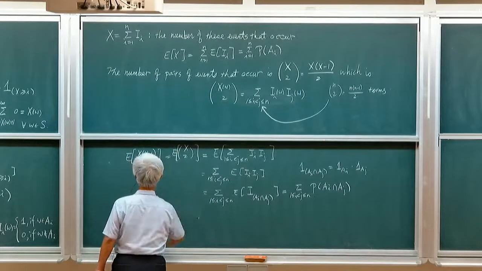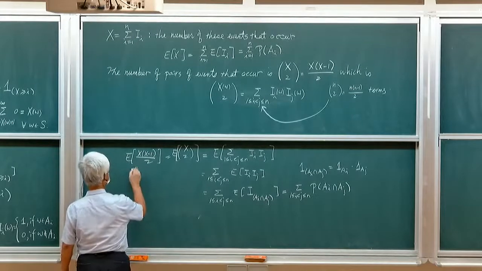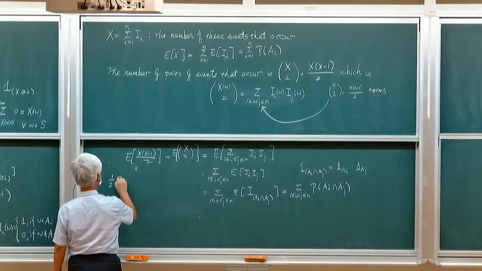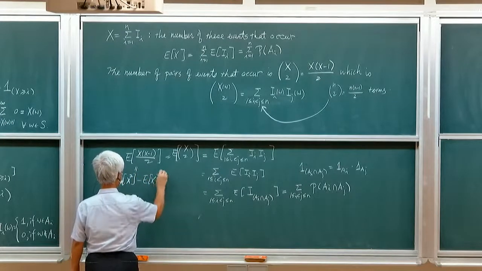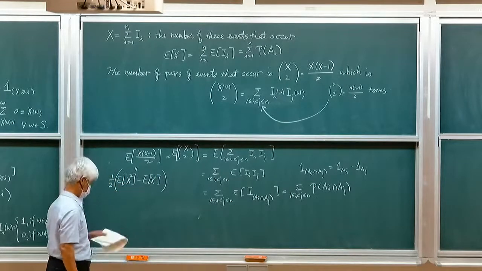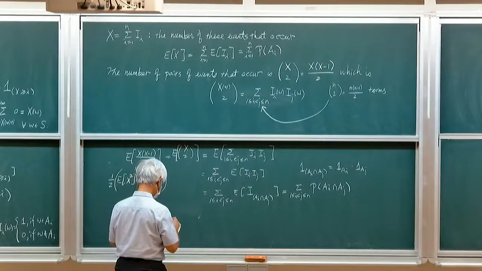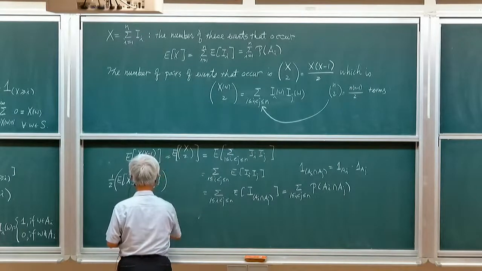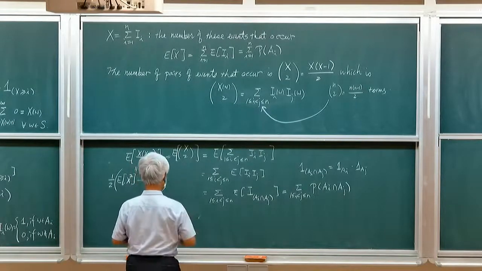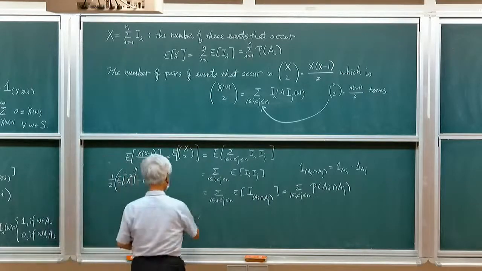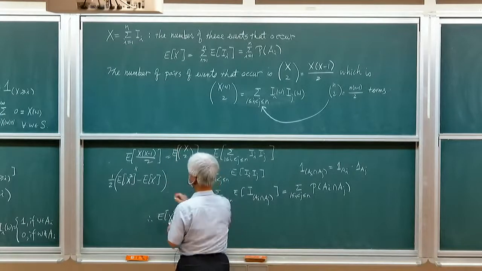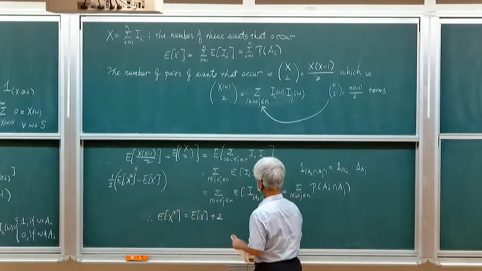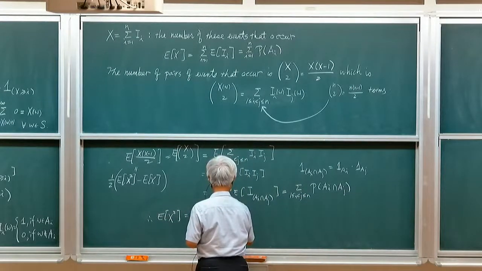Maybe I will write here. Again, by linearity, right? So the second moment of X is equal to the first moment plus 2, when we move to here, times this summation.